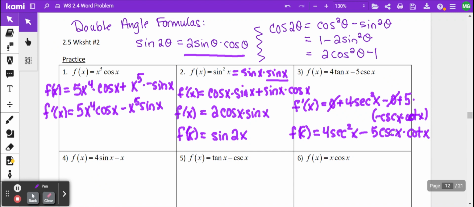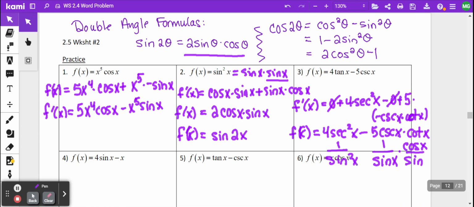So let's see if we can clean that up a little bit. I'm totally out of space here, but cosecant we know is 1 over sine. Cotangent is cosine over sine. Secant squared of x, we could make 1 over cosine squared of x. So we could make this one big fraction.